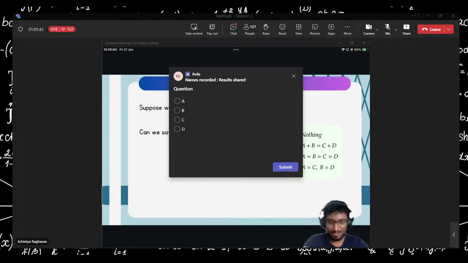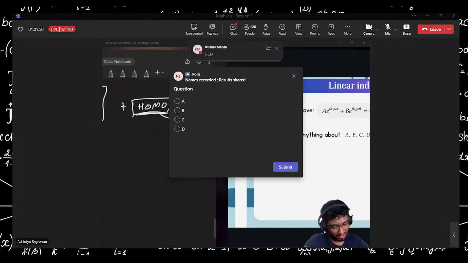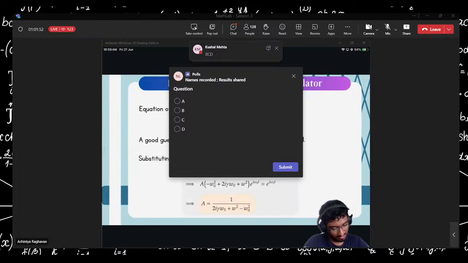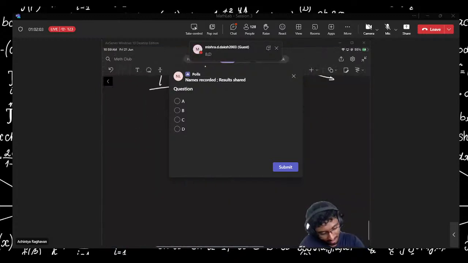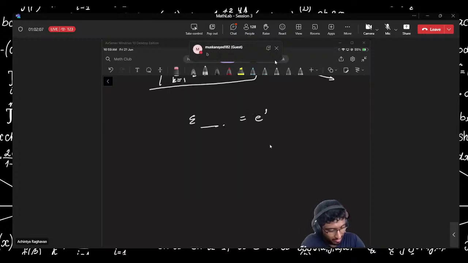While the poll goes on, someone asked me to explain forced oscillation. Basically the idea behind forced oscillation is you are given some differential equation equal to e power i f t. The forcing term is this.